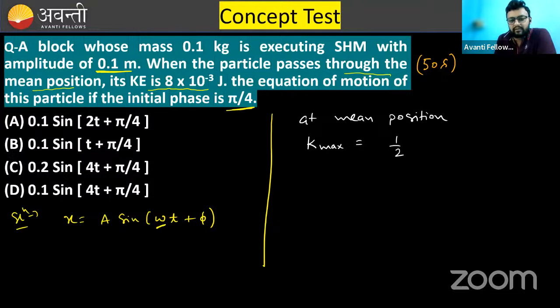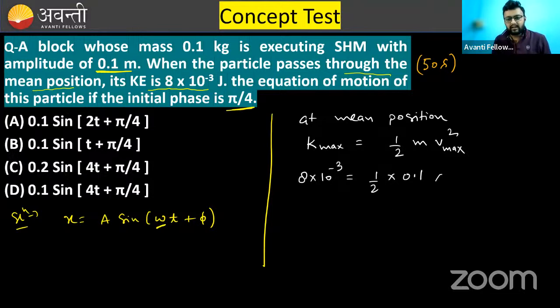That is equal to half m v max square. Kinetic energy is maximum at the mean position, and this value is given as 8 into 10 raised to the power minus 3, equals half. M is what? 0.1 kg, I think. V max is what? A omega. You know that V max is A omega. So you square it, A square omega square. 2 will come here.